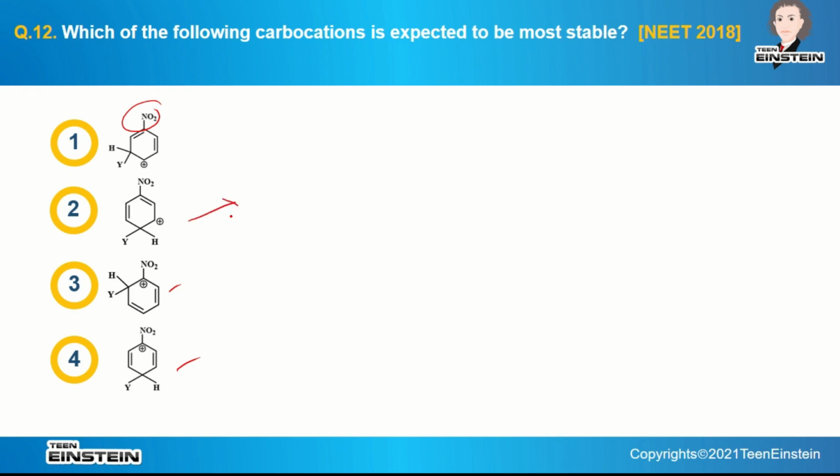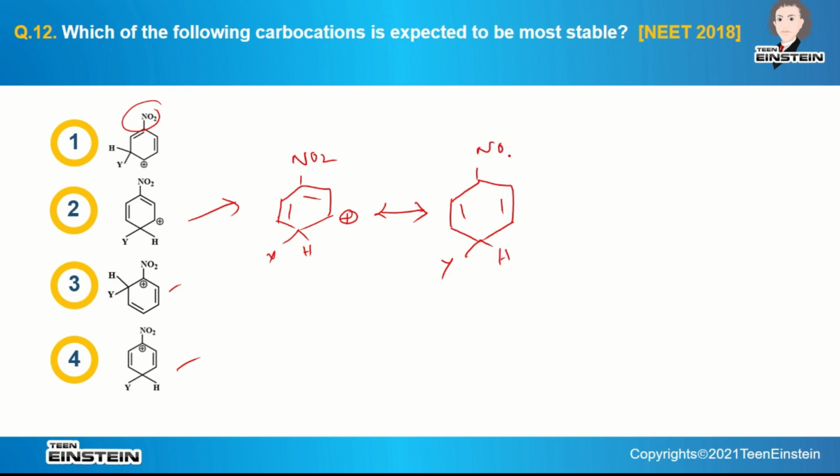So I will show you. For option 2, here the nitro group is a meta-directing group, so we write down the resonance. So here the carbocation is, with the nitro group here. It undergoes resonance and forms, so here H, here nitro group.